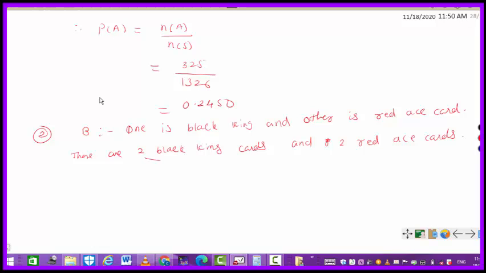So we have to choose one black king card out of 2 black king cards. One black king out of 2 black king cards can be drawn in how many different ways? Drawn in 2C1 different ways.